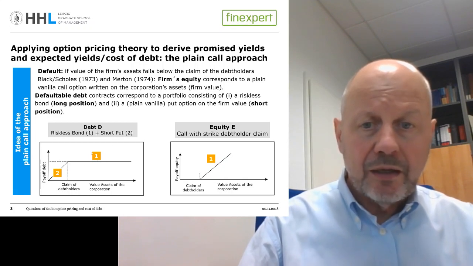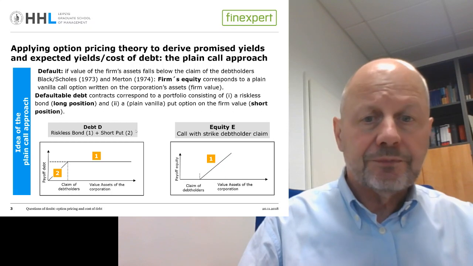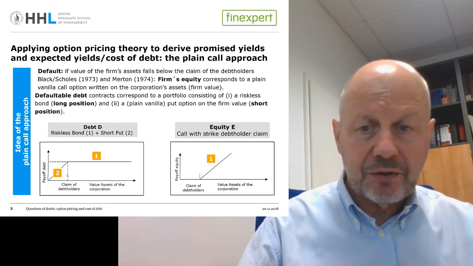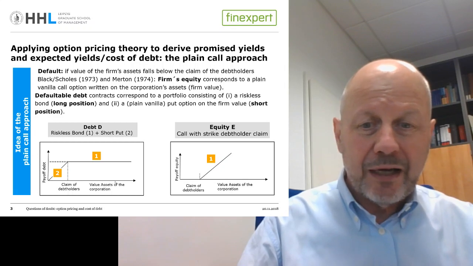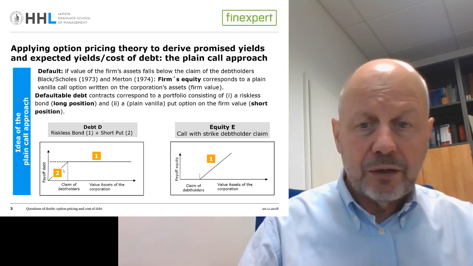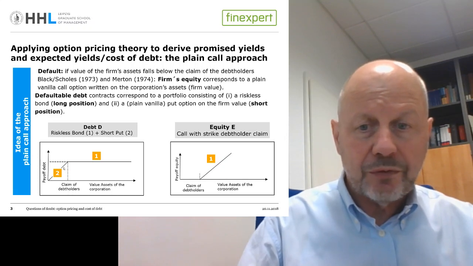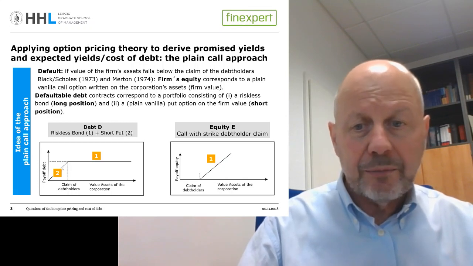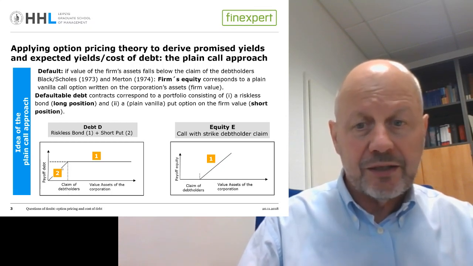And the second one is a short put, because here you see the claim of the debt holders, and if the value of the assets of the corporation is lower than the claim, then the debt holders are left with what is left over. So if the value of the assets is lower than the claim, they just get the value of the assets.